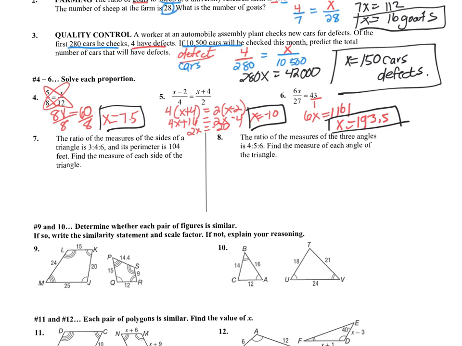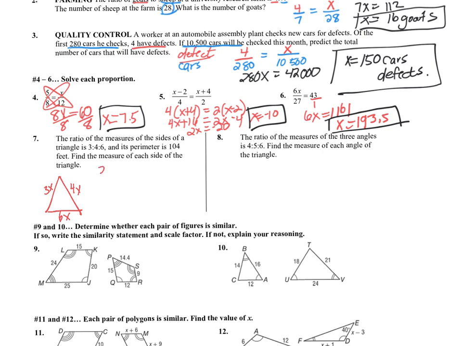All right, so continuing on to number 7. The ratio of the measures of the sides of a triangle is 3 to 4 to 6, and the perimeter is 104. We need to find the measure of each side of the triangle. If we picture a triangle, the sides have the ratio 3x, 4x, and 6x, and the perimeter is 104.